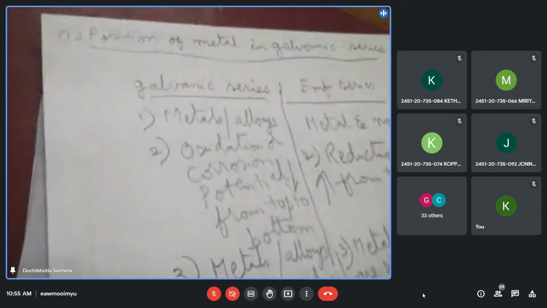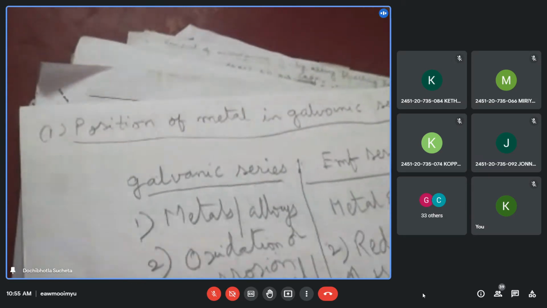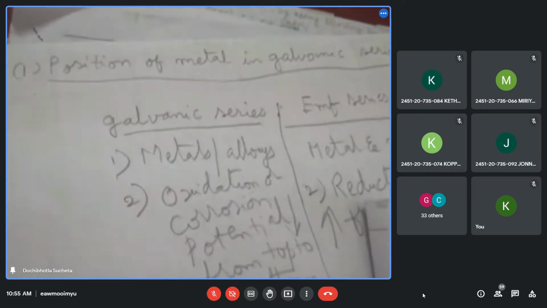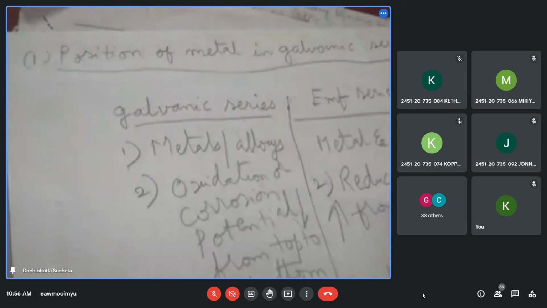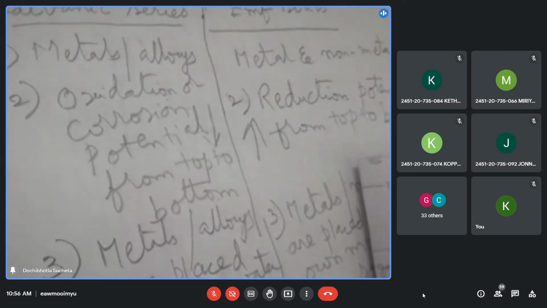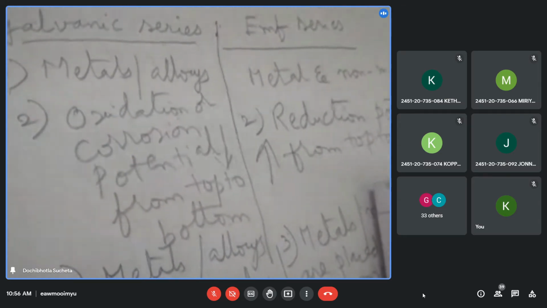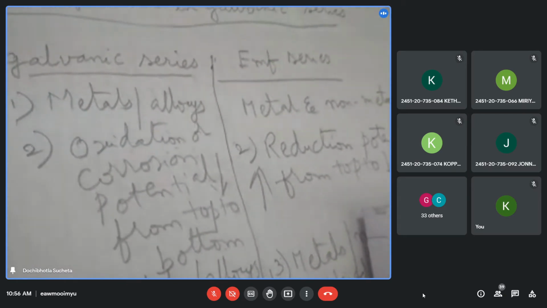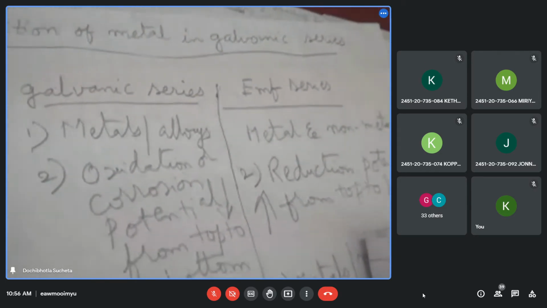Now, what's the next one? Relative anodic areas and cathodic areas. What did I tell you yesterday? When you're talking about bimetallic corrosion, one example in the practical world is steel pipes connected with copper plumbing.